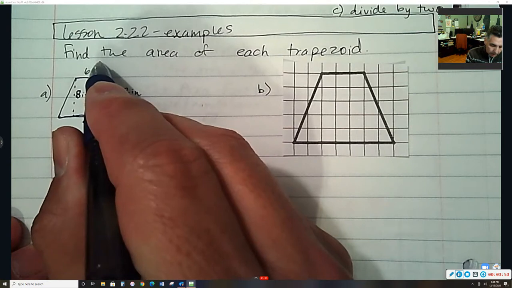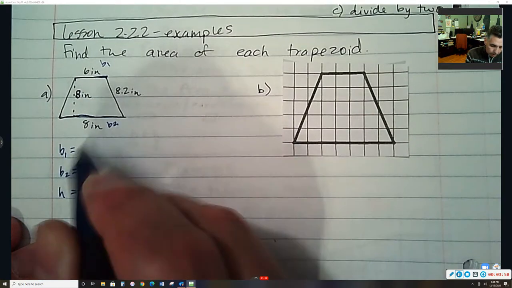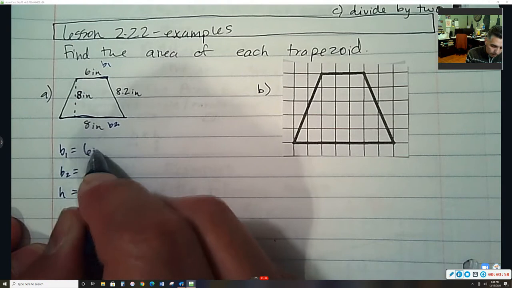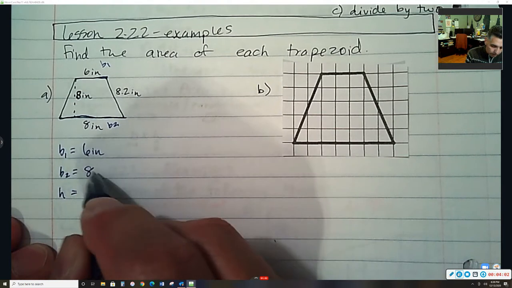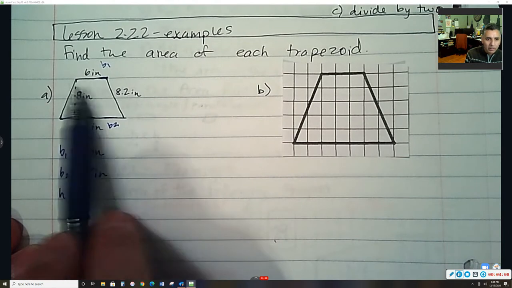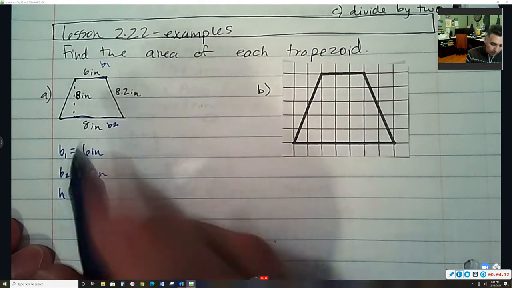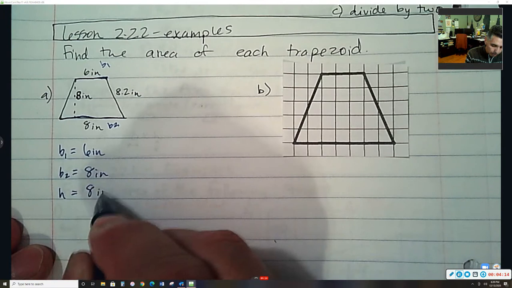Now again, I would call the top one B1 and the bottom one B2. So B1 is 6 inches and then B2 is 8 inches. Okay, and the height from these two, the height always goes straight up and down, not slanted like this one slanted. It's going to be this one. So here I would put 8 inches also.